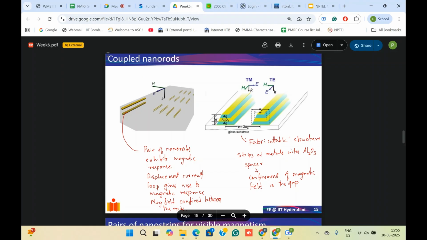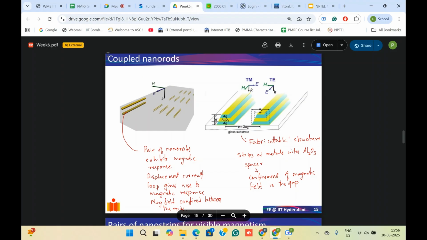Basically, this circulating current gives us the magnetic response. This displacement loop gives rise to the magnetic response, and the magnetic field will be confined between these two rods.